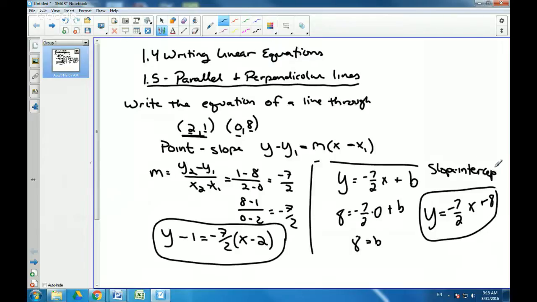Here's slope-intercept: plug a point in, solve for b. You don't have to, but you can. The directions might say, write an equation in slope-intercept form.